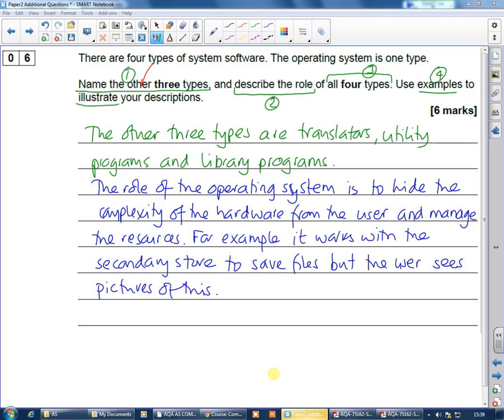Okay, that's what we can say. So we don't need to say too much with 6 marks, and now we need to say the role of the other ones. So let's take them in order.